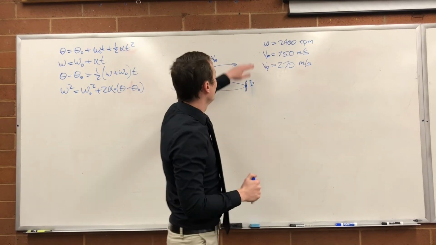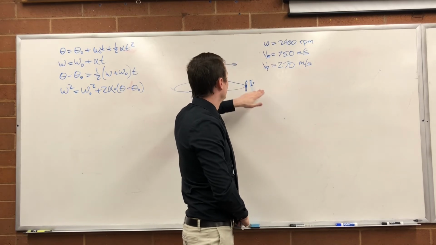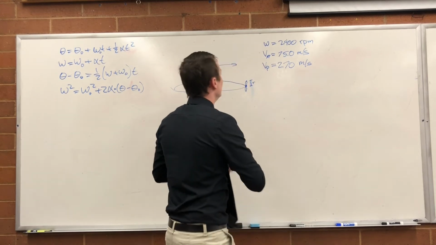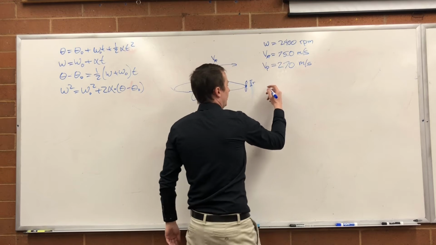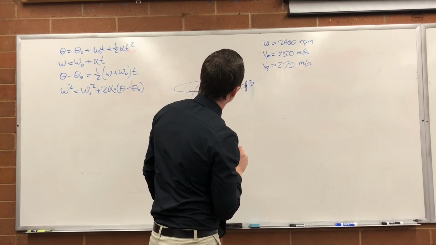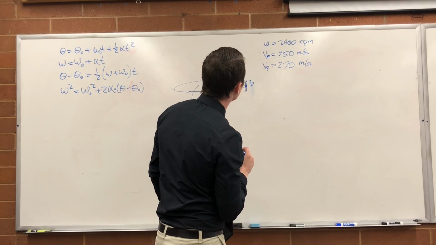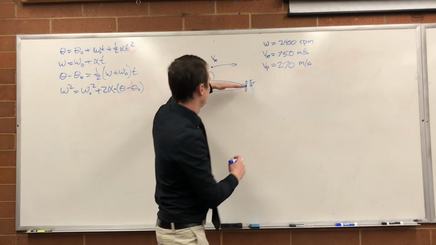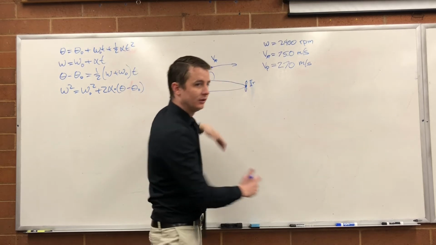Okay. So we know that the propeller is going to be rotating this fast. The radius then gives us the velocity that the propeller moves. Now, how can I draw this so that you can see it correctly? We'll think about the propeller when it's not up and down like that, but turned sideways like this.